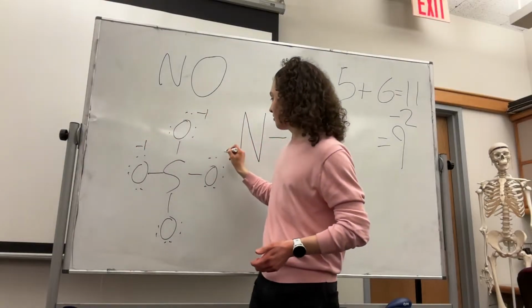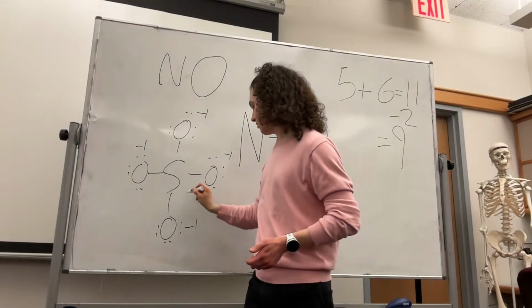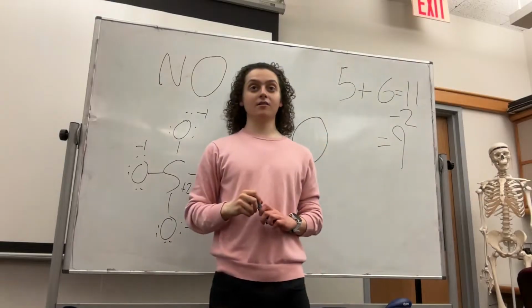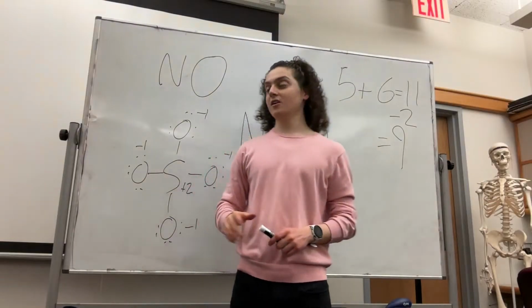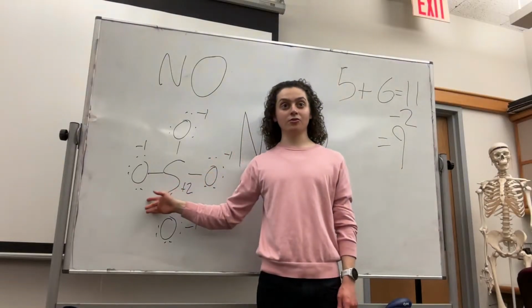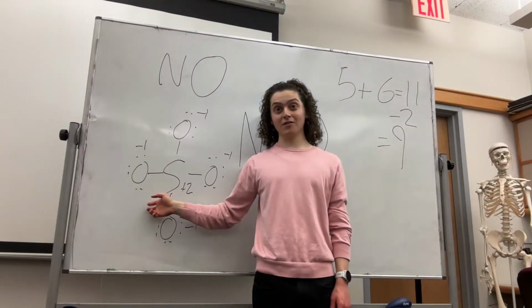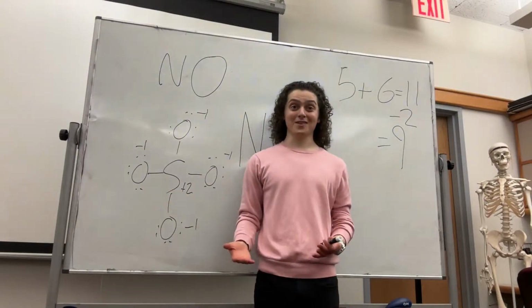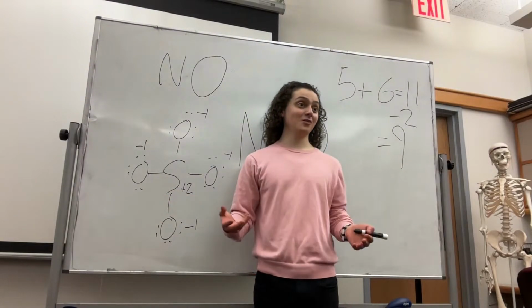Sometimes you have to draw the wrong structure to realize that there's a better one out there. If every single one of the atoms on your structure has a formal charge, you might want to experiment. Add a double bond, see what happens.